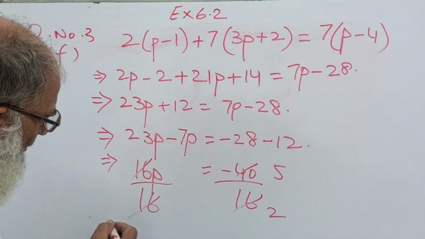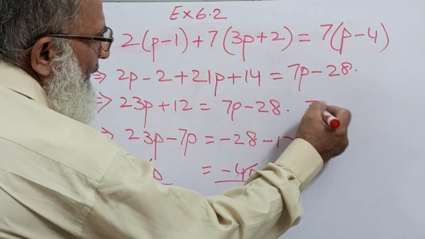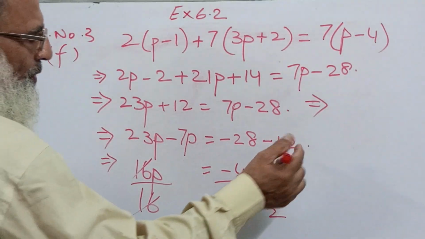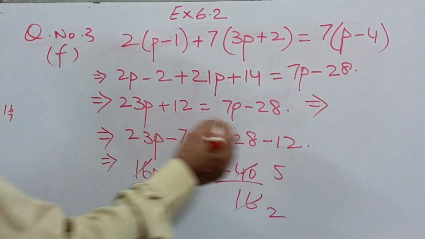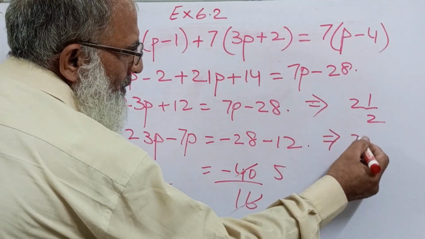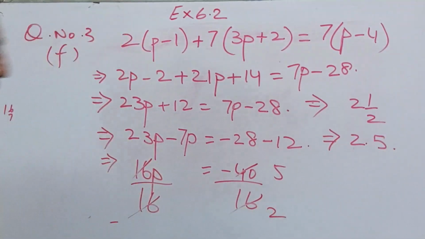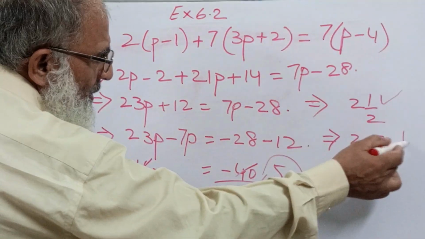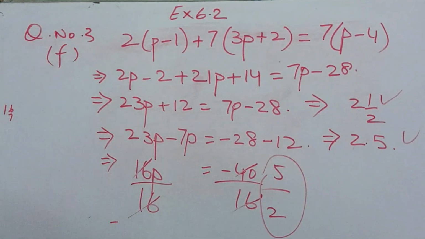You can also write it like this, minus 5 by 2, or you can do it like this. All the answers are okay. But let me check what the book has stated.